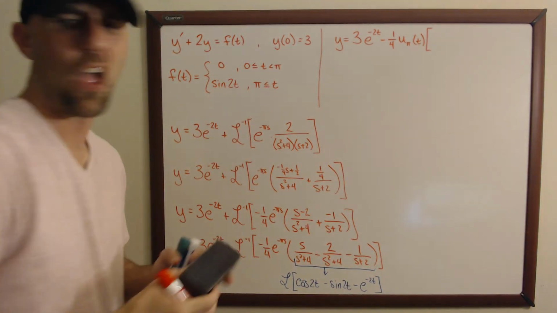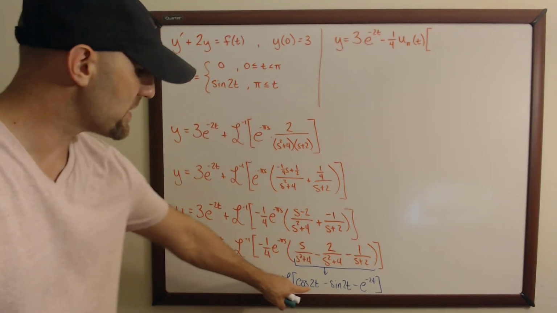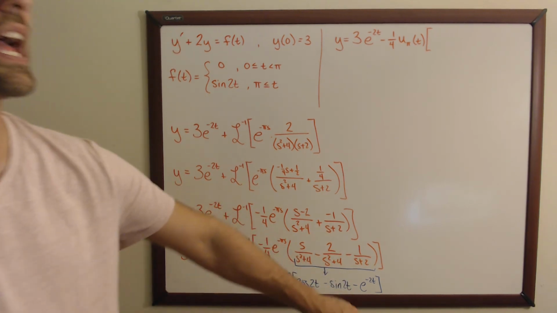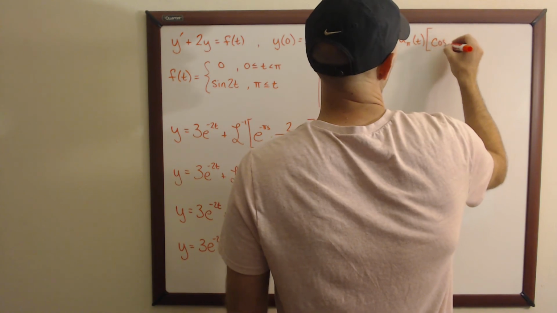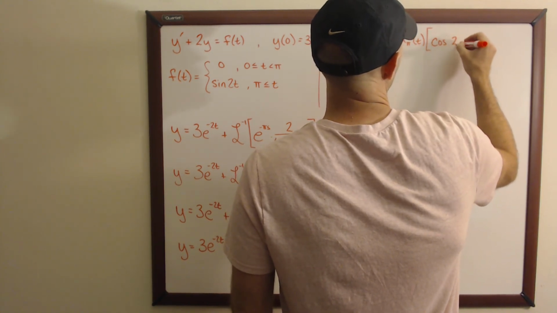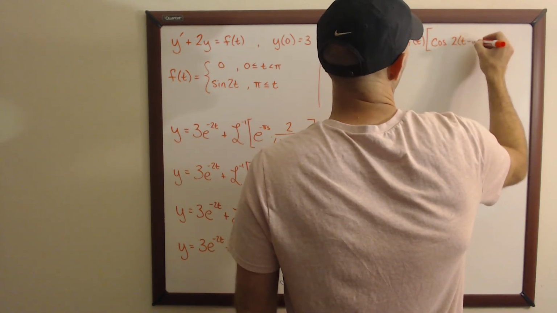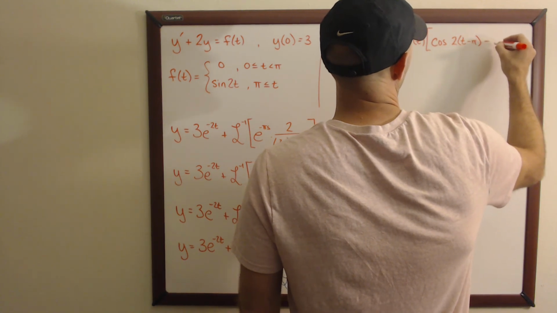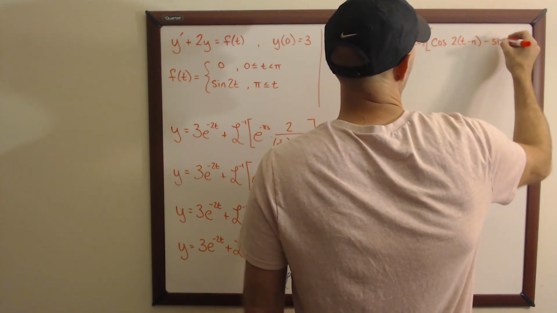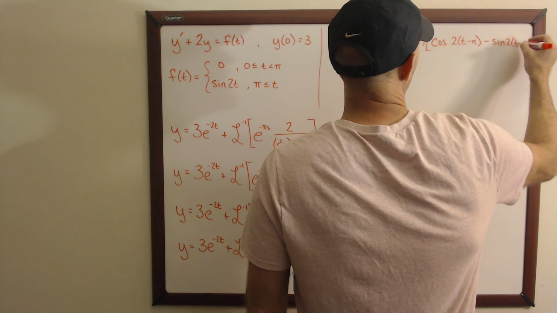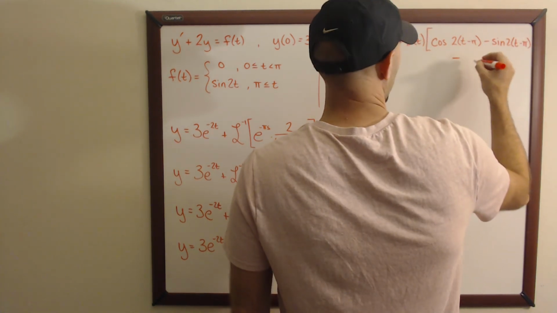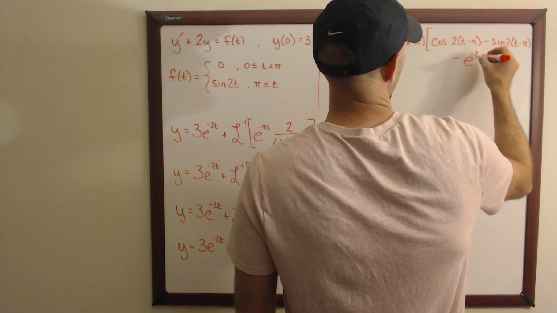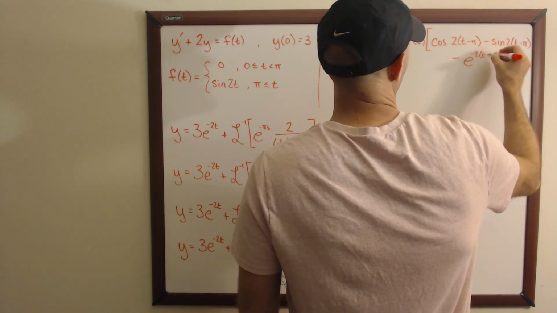And now I just need to write these things shifted by pi units. So that's going to be cosine of 2t minus pi, minus sine of 2t minus pi, minus e to the negative 2 times t minus pi.